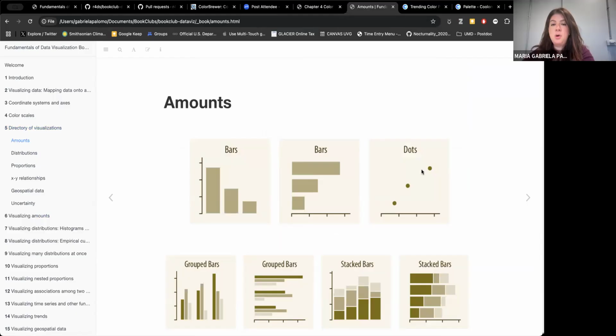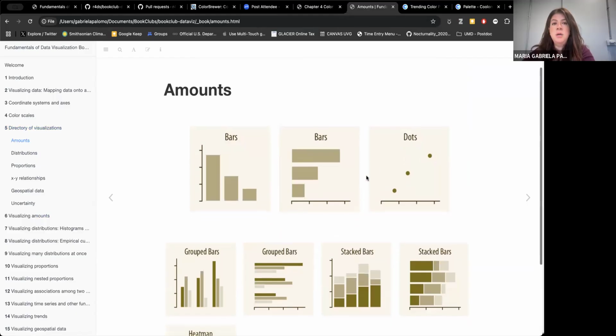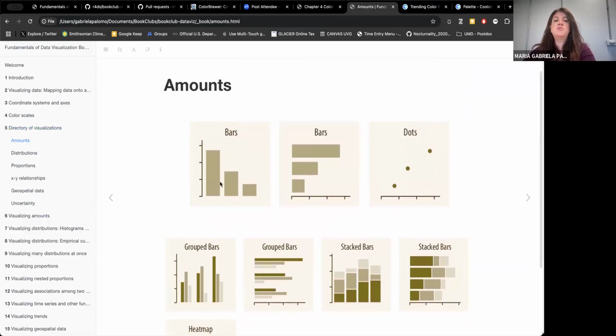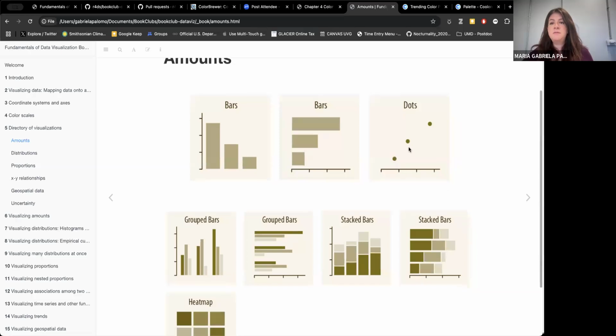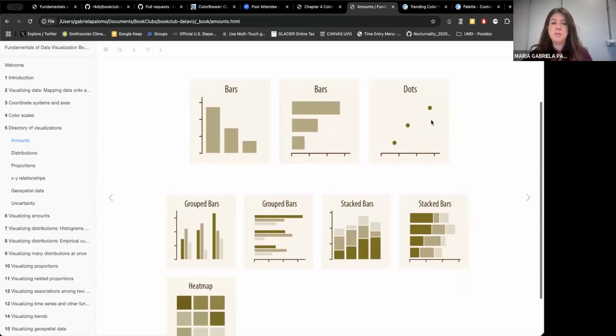Okay, so what we can see here, to represent amounts, we have bar plots that can be horizontal or vertical, but we also have dots. The end of each one of these bars is represented by a dot, so that's the maximum value for each one of the categories.